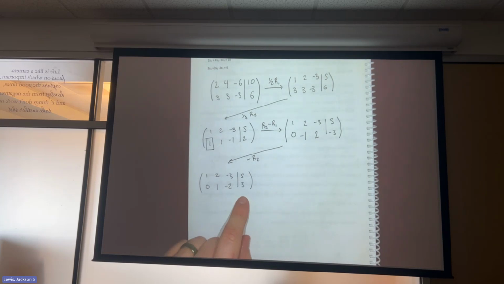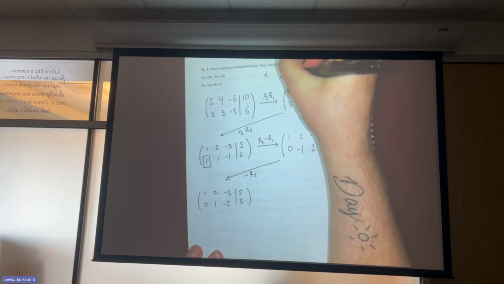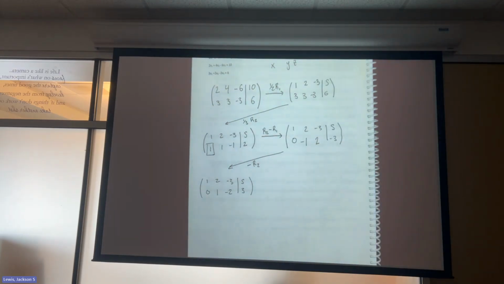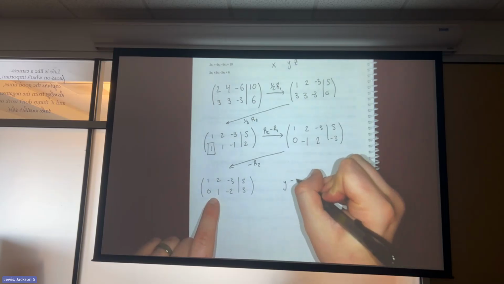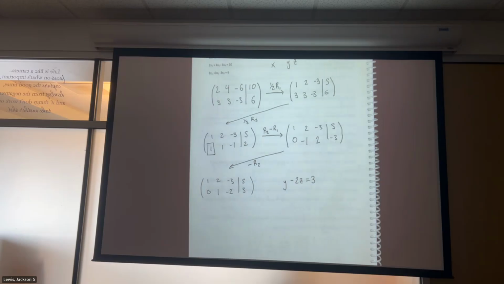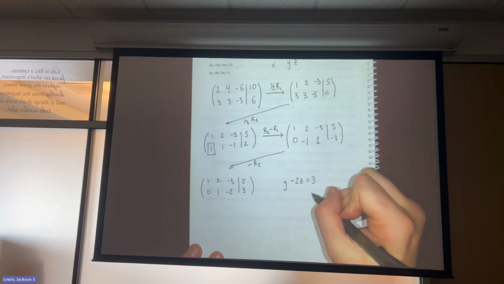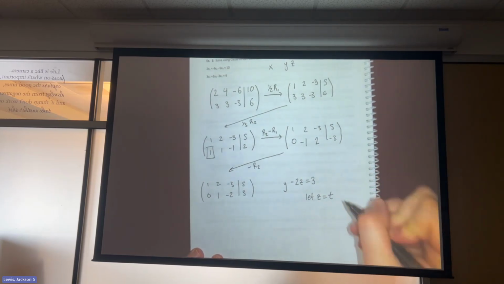If I were to write out this bottom equation, it says x1, x2, x3, but I'm going to just do x, y, z, so I don't have to write subscripts, and it keeps it a little cleaner. So this bottom thing says that y minus 2z equals 3. I can't solve this because I don't know what z or y are, so I'll say let z equal t.